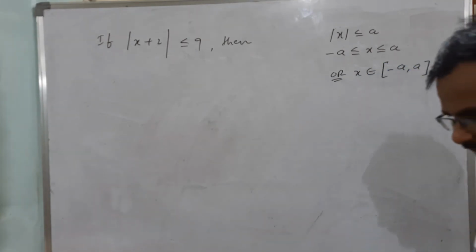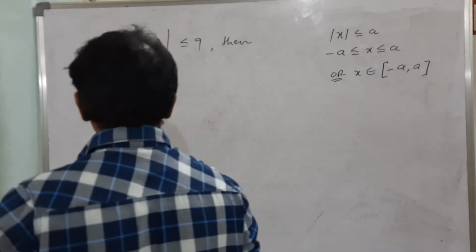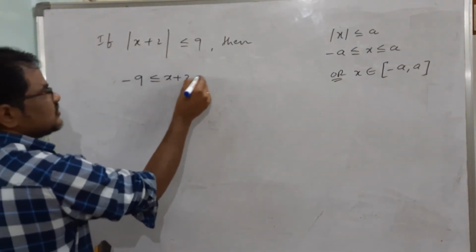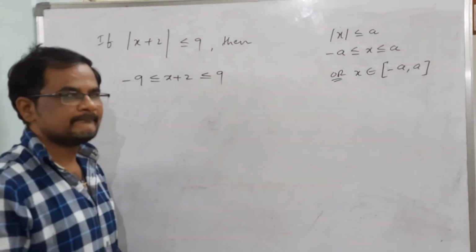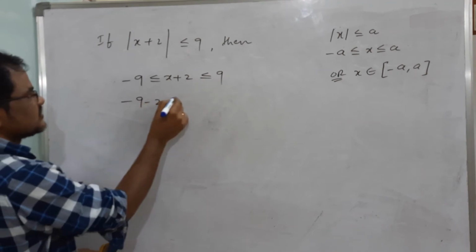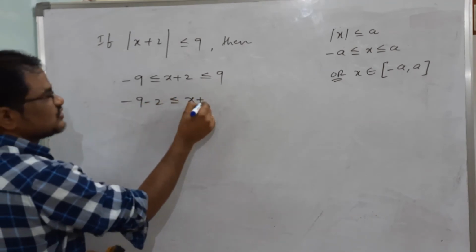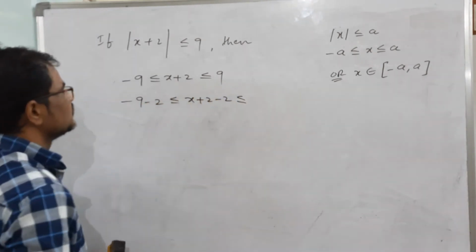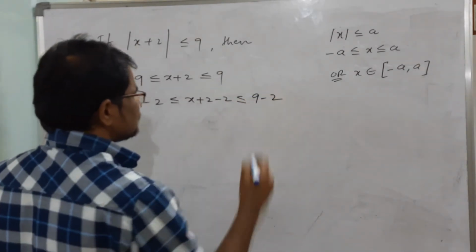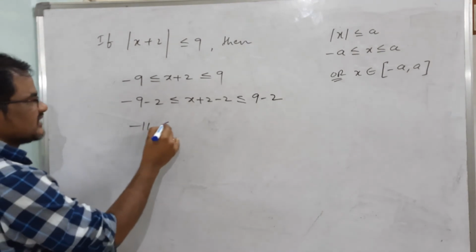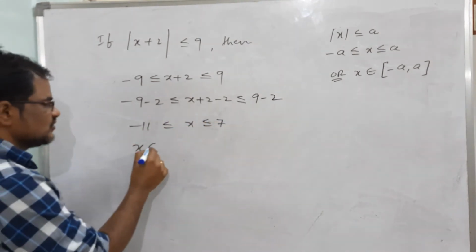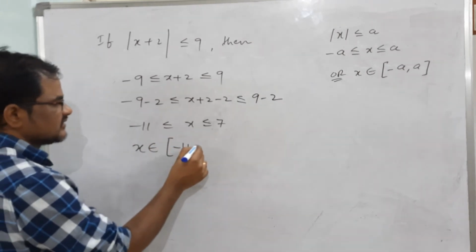So minus 9 less than or equal to x plus 2 less than or equal to 9. Subtract 2: minus 9 minus 2 less than or equal to x less than or equal to 9 minus 2. So minus 11 less than or equal to x less than or equal to 7. That's it: x belongs to the closed interval minus 11 comma 7.